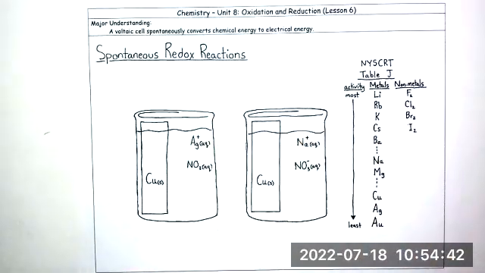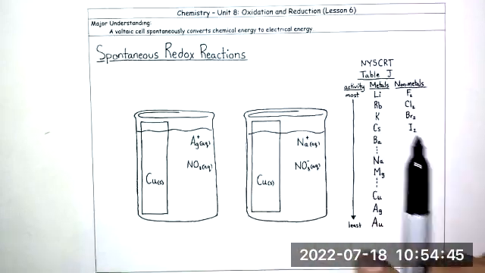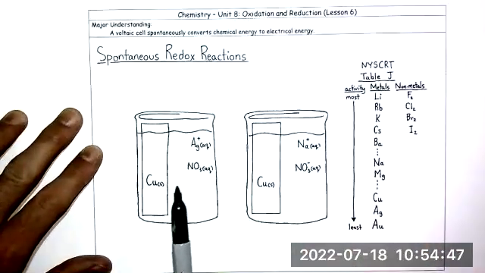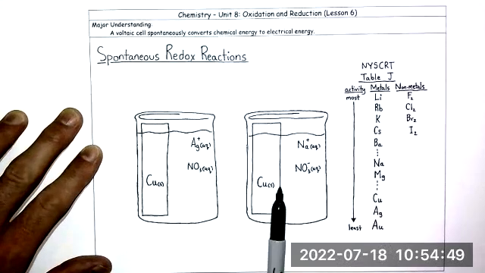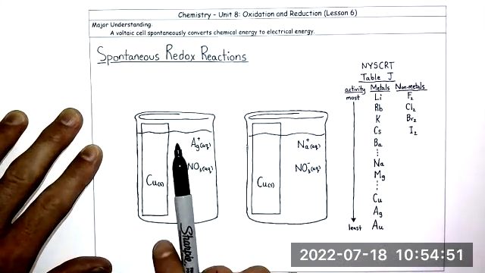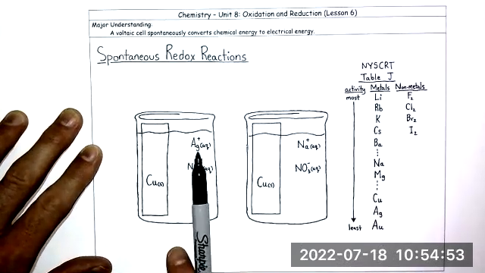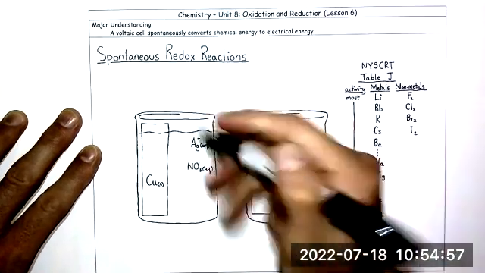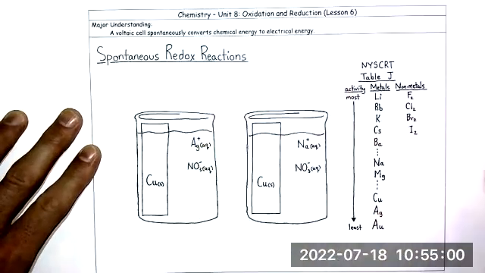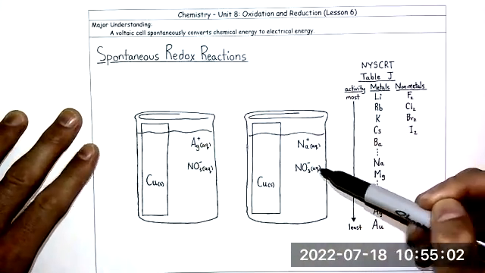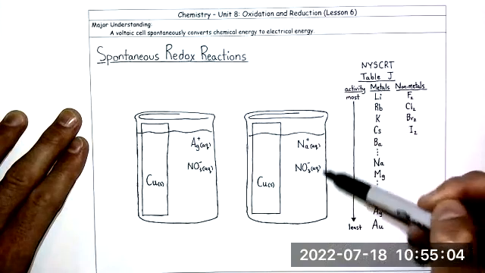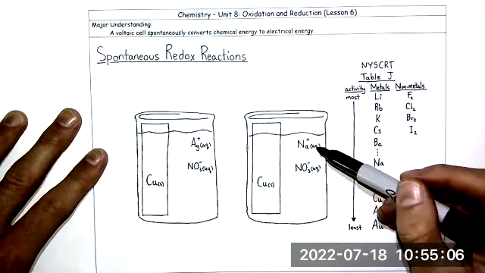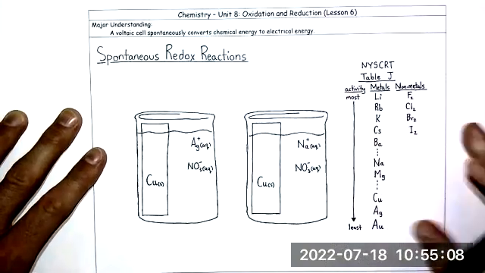Okay, and so today we're going to be specifically looking at diagrams of two beakers, both containing solid copper, but one containing an aqueous solution of silver nitrate that has dissociated into silver ions and nitrate ions, and another beaker where we have a solution of sodium nitrate that is dissociated into sodium ions and nitrate ions.